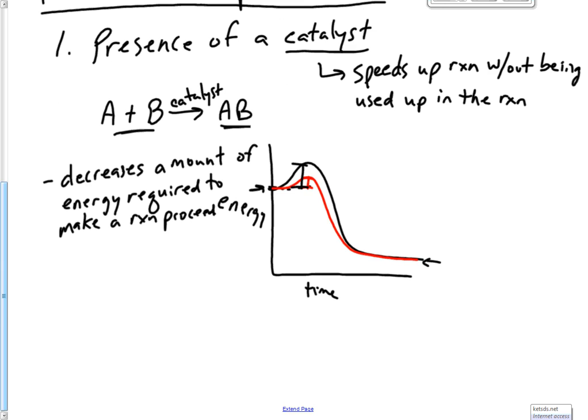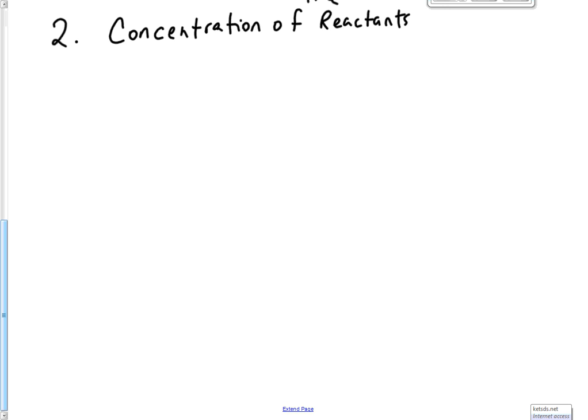All right, so the second factor that impacts the reaction rate is the concentration of the reactants. Okay, so let's assume I put your entire class in the gym, and this is you all.